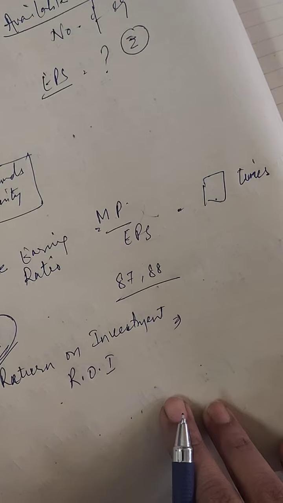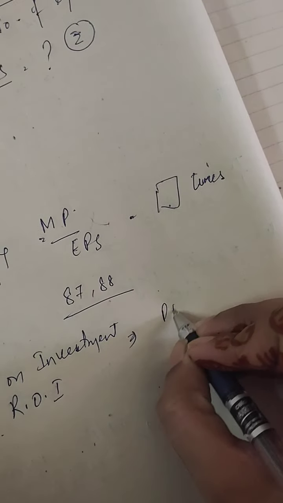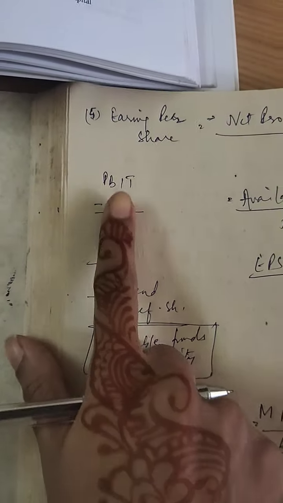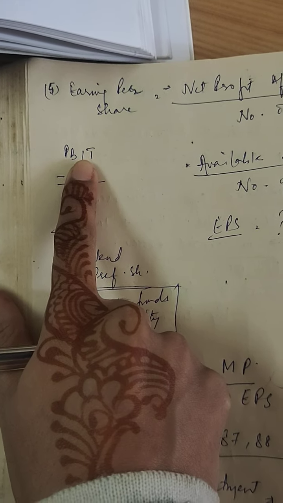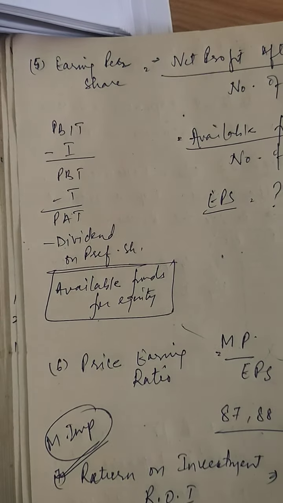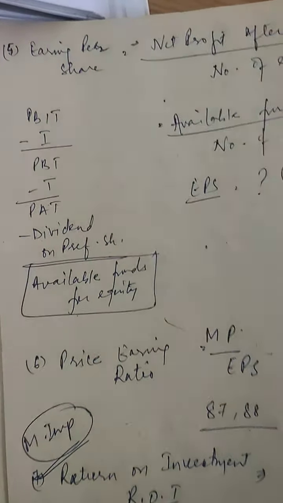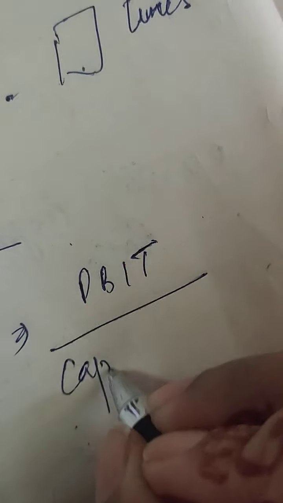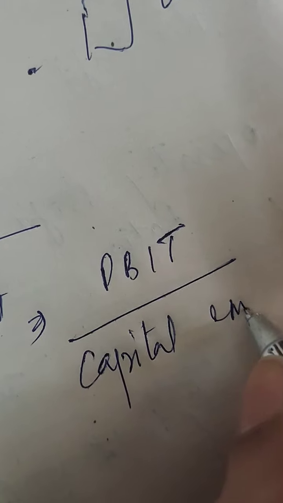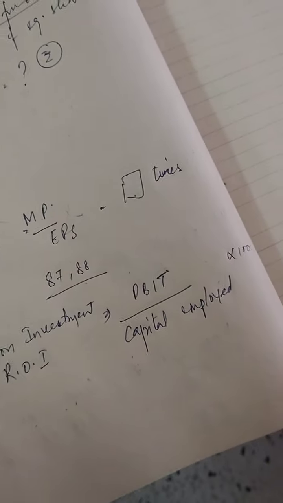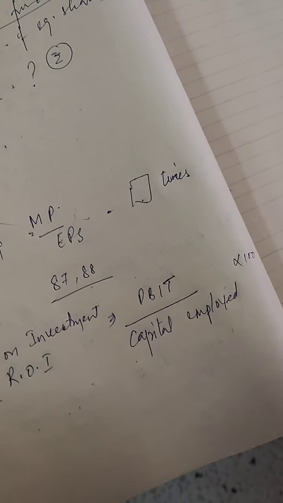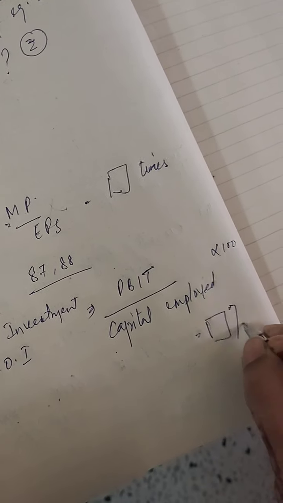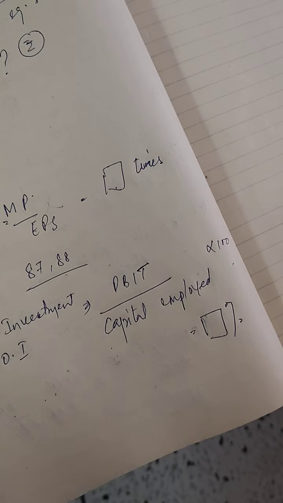The formula here is PBIT or EBIT, the one which was the first one in the series, and you need to divide it by capital employed and multiply it by 100. So PBIT upon capital into 100. Whatever comes, obviously it is going to come in percentage because you have multiplied it by 100, right?